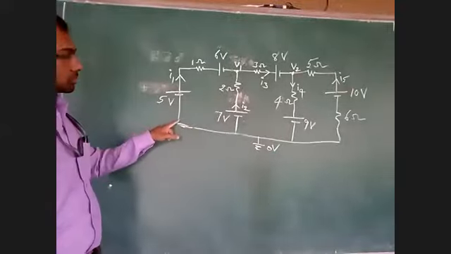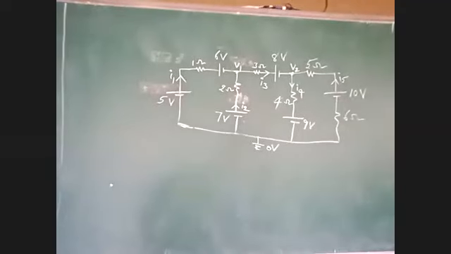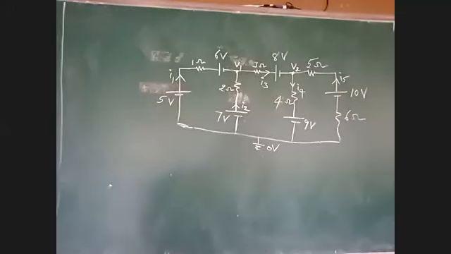Sir, why is it ground? If we consider the ground side as node points... I will explain. If we take nodes on this down below side, because ground node is always taken as the common node for all the branches.